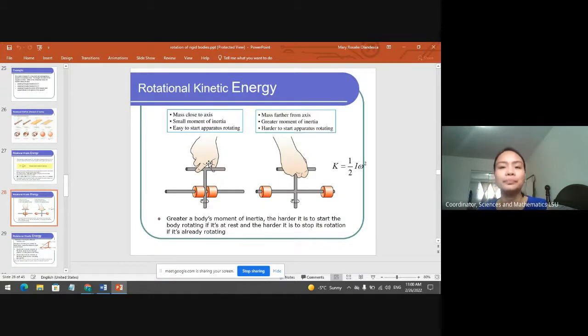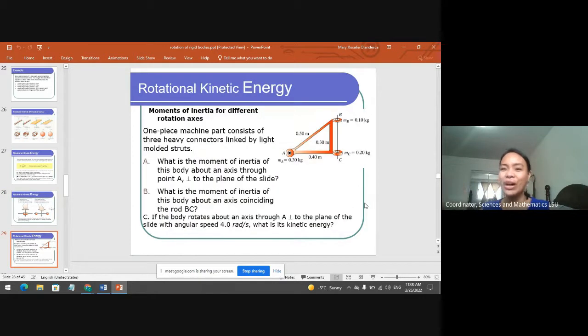So you can determine which of the two you can rotate easily if the masses are at the center or if the masses are at the end. You have an example for that in your module that you can solve. Just take note of the example that we had earlier.